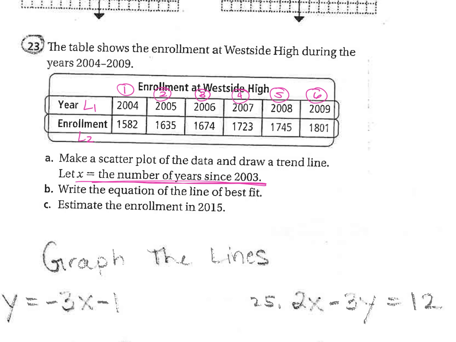And then L2 is 1582 and 1635 and 1674 and 1723 and 1745 and 1801.